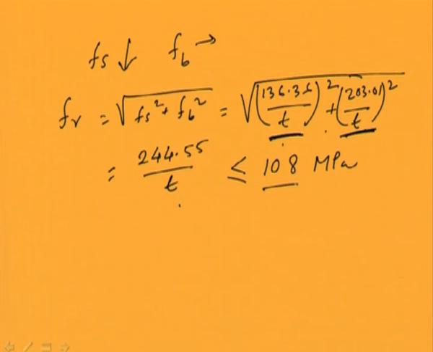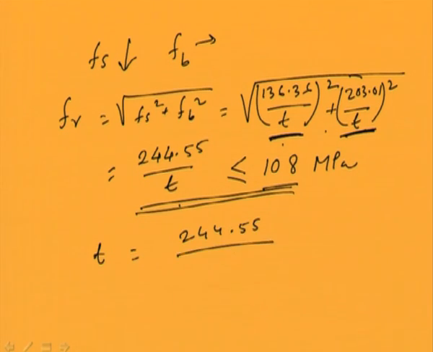So, making equal to these two, we can find out T as 244.55 by 108. So, this is coming 2.3 mm.